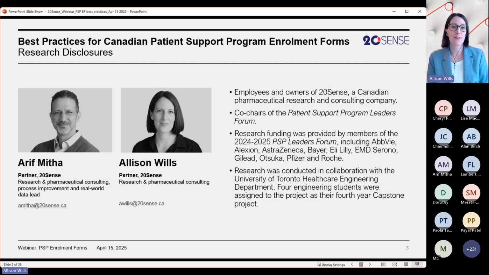The research funding for these initiatives was provided by members of that forum from 2024 and 2025, and that included AbbVie, Alexion, AstraZeneca, Bayer, Eli Lilly, EMD Serono, Gilead, Otsuka, Pfizer, and Roche. And really importantly, and a shout out here, the research was conducted in collaboration with the University of Toronto Healthcare Engineering Department. For this work, we had 4 engineering students assigned to the project as their 4th-year capstone project. That was fantastic to have them with us along the way through the research.